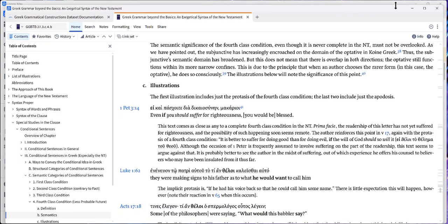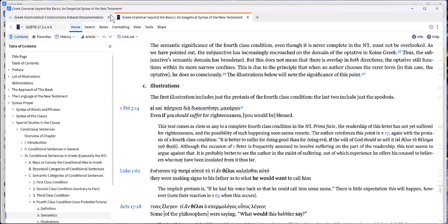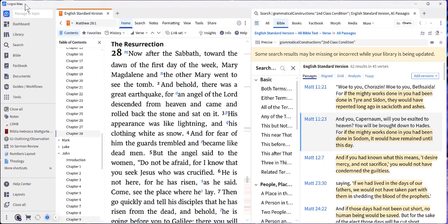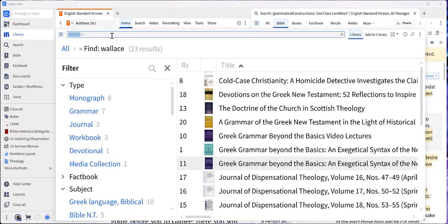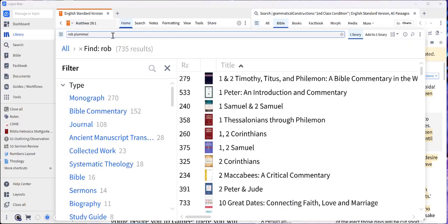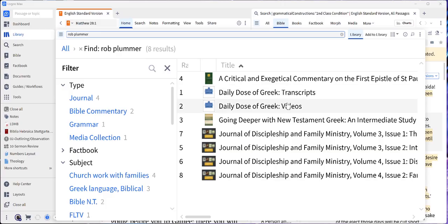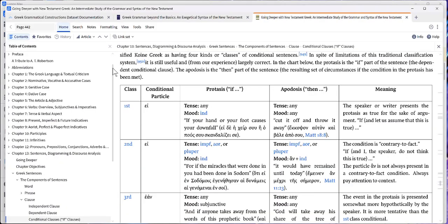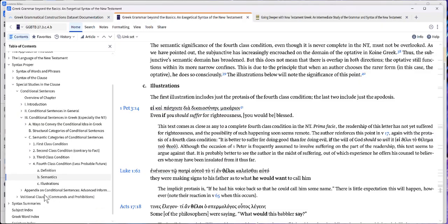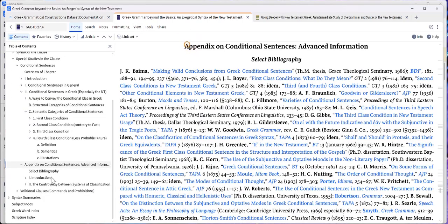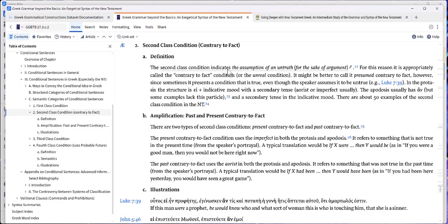We're going to pull this one, and we're also going to pull the one by Rob Plummer. Those are becoming, for me, very great resources for Greek. So let's look at the one by Wallace and see what Wallace has to say about the second class conditional.